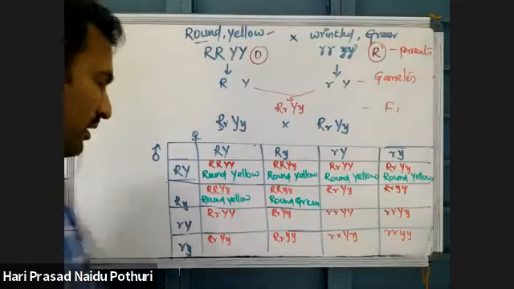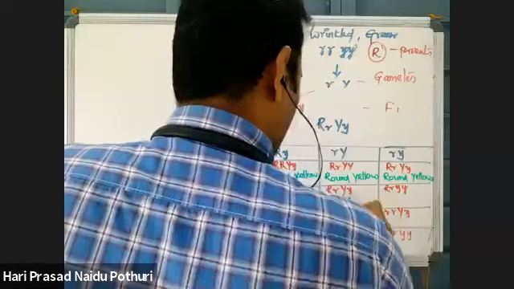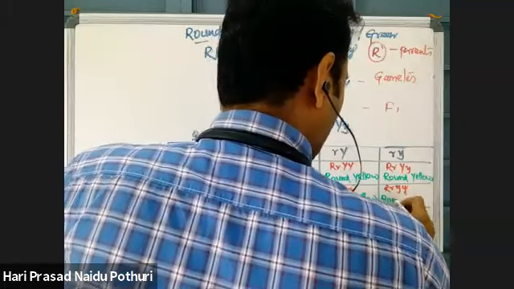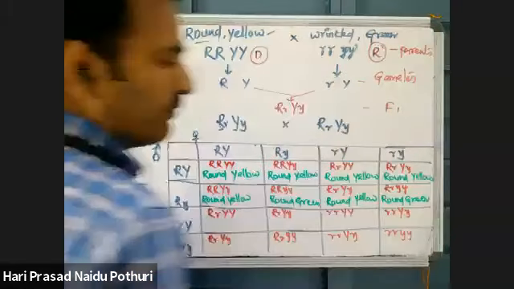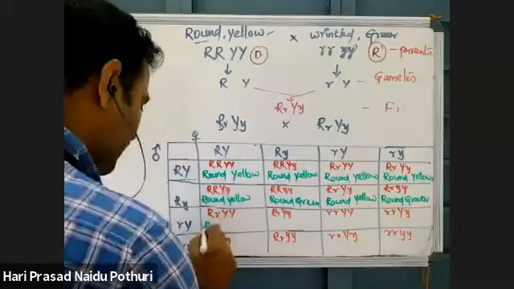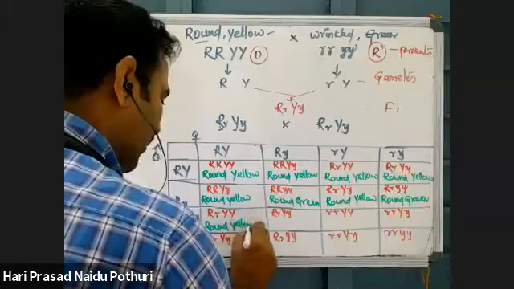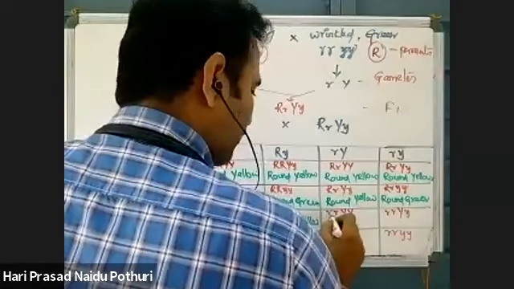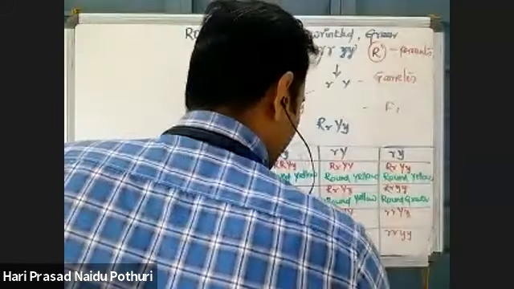Green. Then this is round yellow. This is round green. Round green. This is round yellow. This is round yellow.